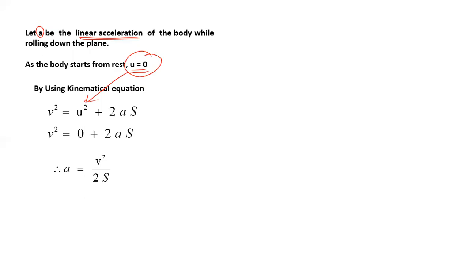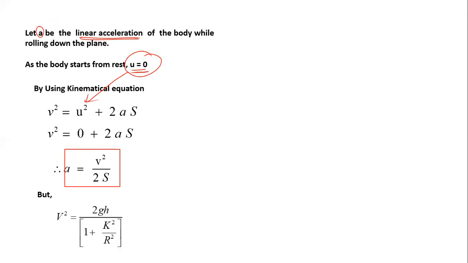Now v square, in the previous article we obtained v. v is under root 2gh divided by 1 plus k square by r square. That we have to substitute. So we substitute v, and the square of that root gets cancelled.